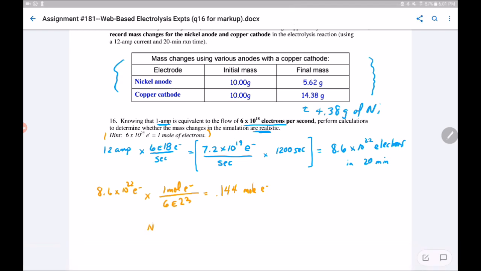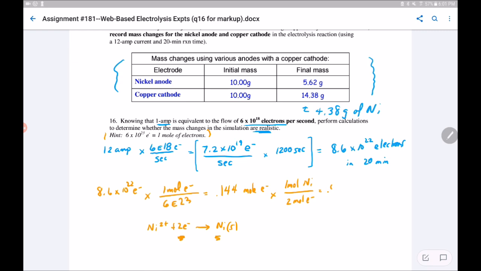Now you get to apply the concept that the reduction of nickel ion to nickel metal is a 2-electron process. Therefore, this many moles of electrons does not produce an equal number of moles of nickel, but instead half that number. 2 to 1 mole ratio between the electrons and the nickel that is produced.